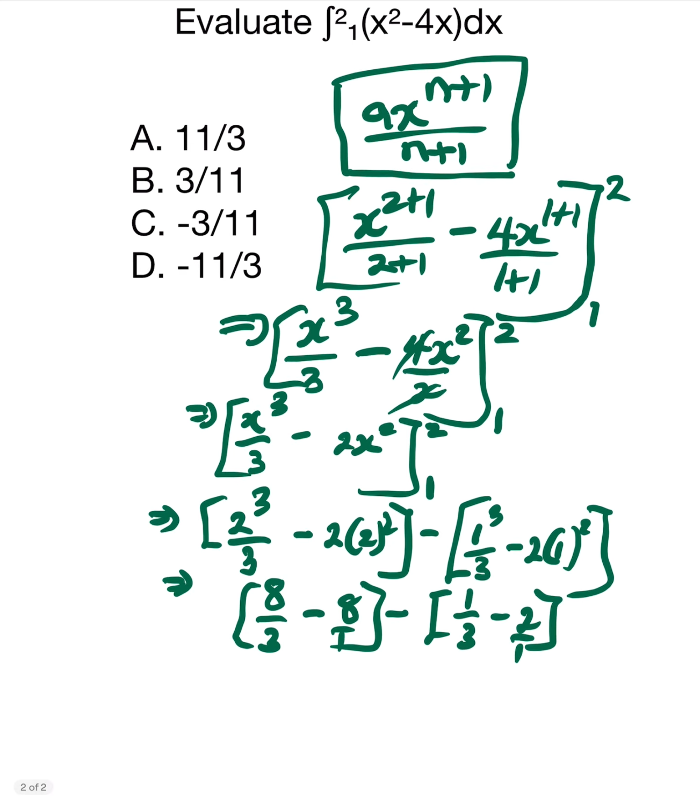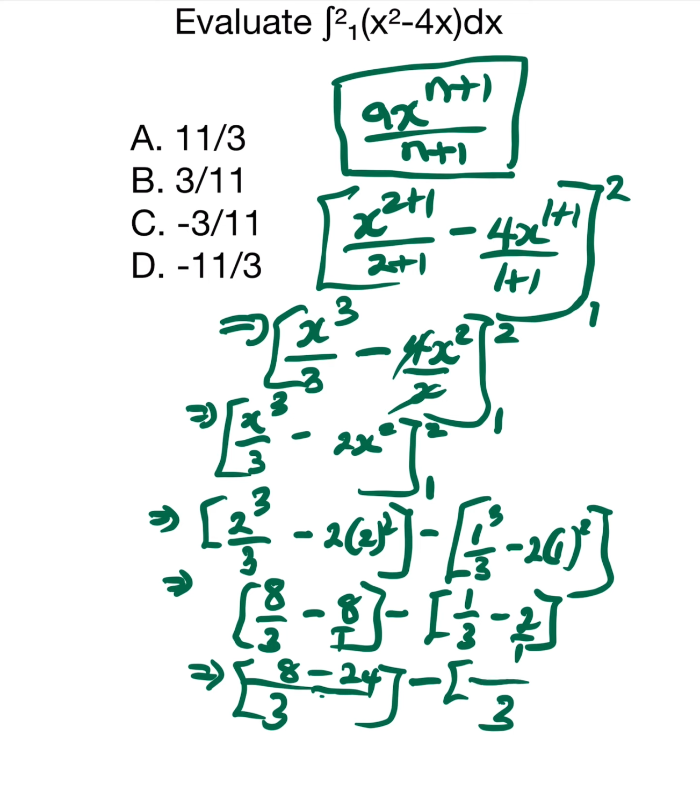So simplifying further, I'm going to have 3 here. Solving this fraction, I'm going to have 8 minus 24, because 3 times 8 is 24. Then put bracket here, and 1 times 8 is actually 8. So minus, I'll have bracket here, 3 here.